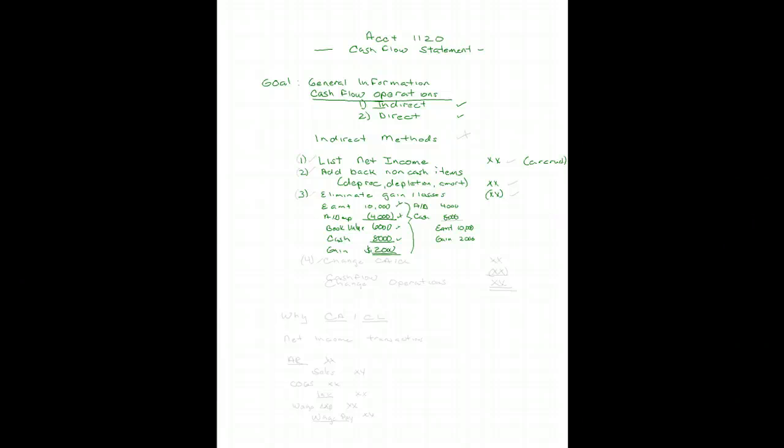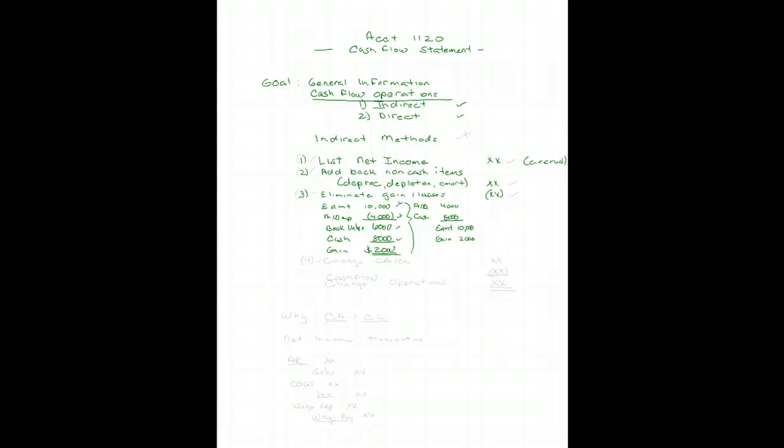In our case, it'd be $2,000. You subtract it out for two reasons. First of all, the cash is not $2,000. The cash is $8,000, and it doesn't belong in cash flow from operations. Where do you put a sale of your own assets? The answer is that it belongs in cash flow from investing.